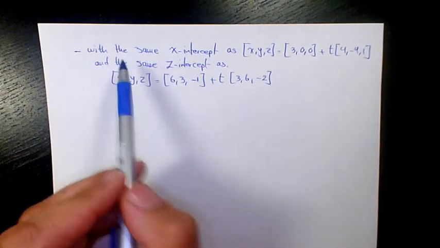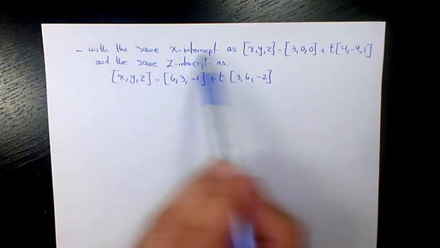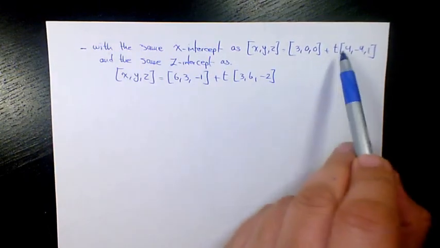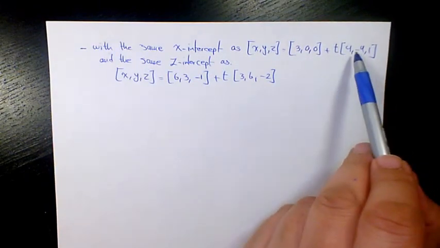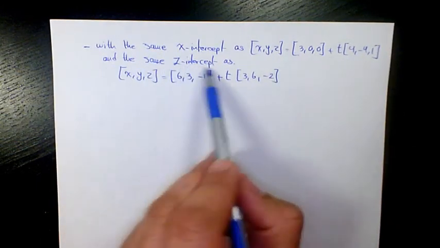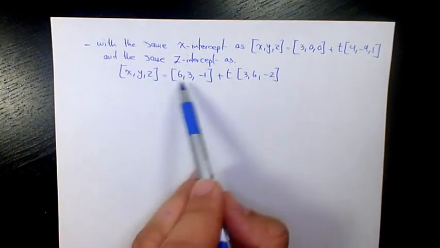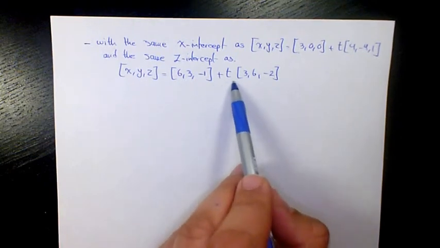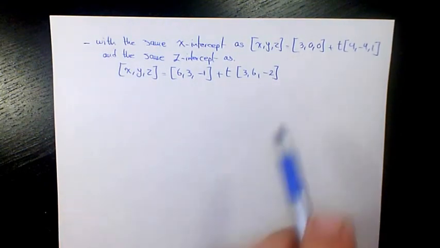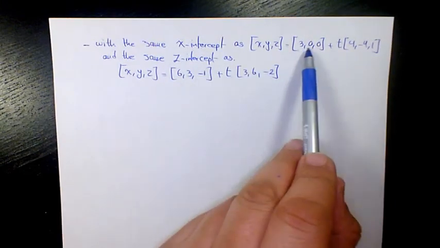Next one, it says with the same x-intercept as (x, y, z) equals (3, 0, 0) plus t times (4, -4, 1), and the same z-intercept as (x, y, z) equals (6, 3, -1) plus t times (3, 6, -2). So here the x-intercept is (3, 0, 0).